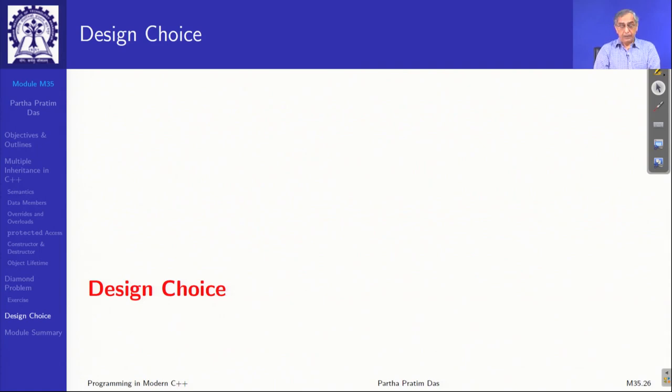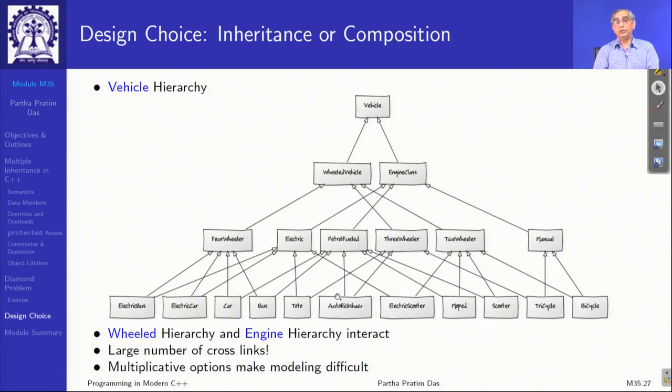Now, having done this, the question is, does multiple inheritance really solve a huge lot of problems? Here is a simple instance. Well, with this diagram we will possibly not consider it simple, but it is a simple real world. I am talking about vehicles, and I am talking about two dominant properties of vehicles. One certainly is of wheels.